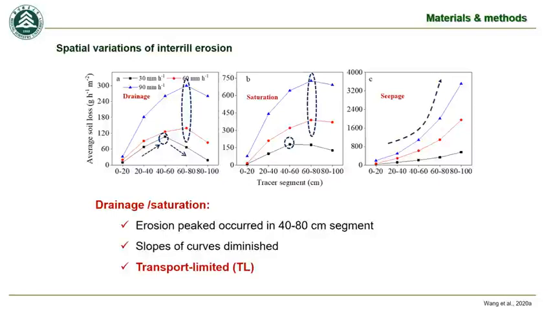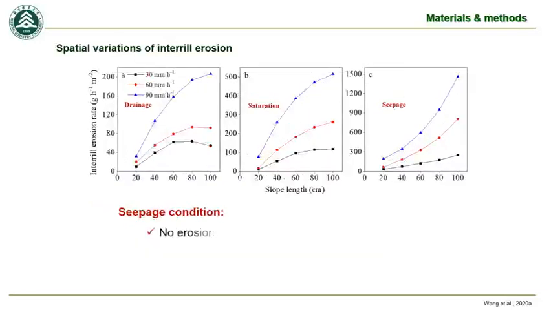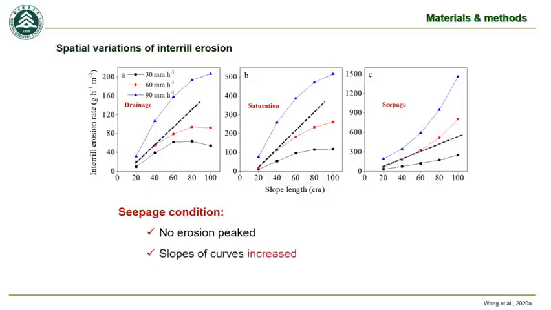This result implies that the transport-limited processes may have dominated the interior erosion processes for the drainage conditions. For seepage conditions, the slope of the curves increased gradually as the downslope distance increased. This result implies that the detachment-limited processes may have dominated the interior erosion process of the seepage condition.